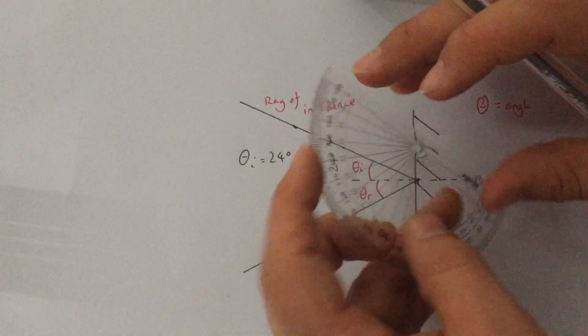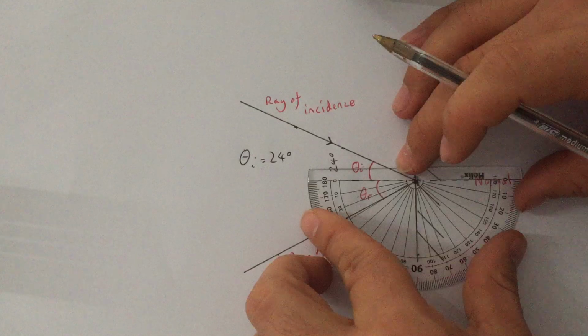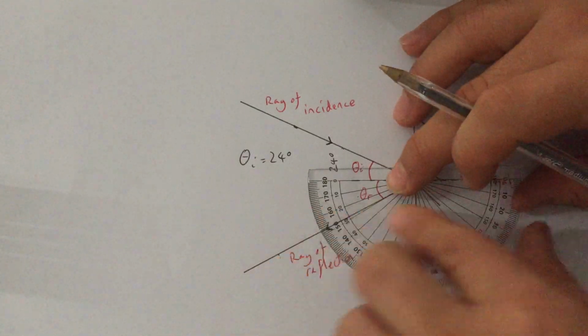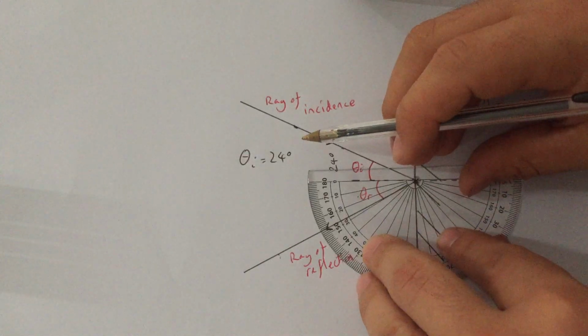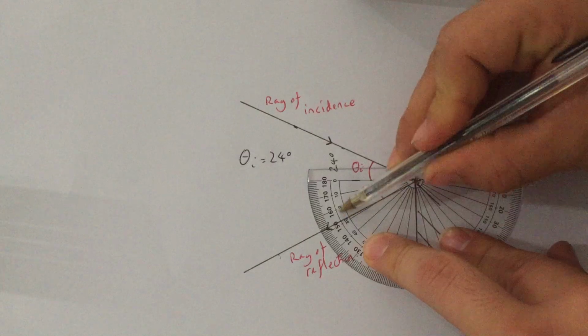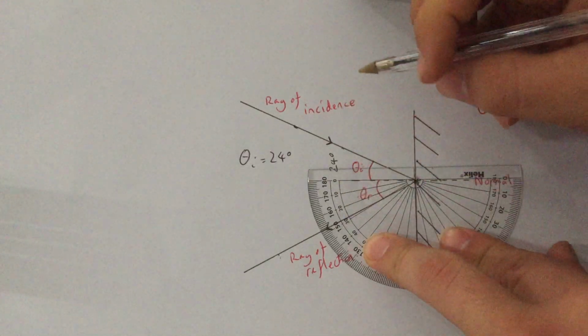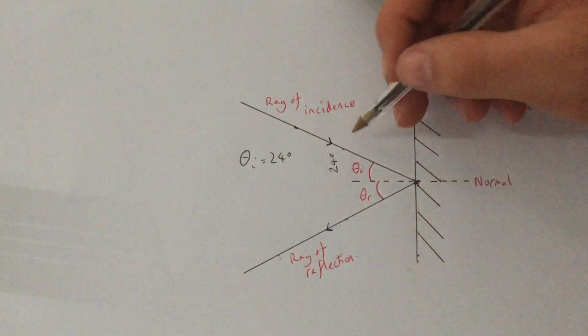What I'm going to do is again put my point at the centre, line it up with my normal, and this time, just because of the way my protractor works, I need to use this measurement on the inside to measure what that angle would be. So in your experiment, that's what you're going to do.